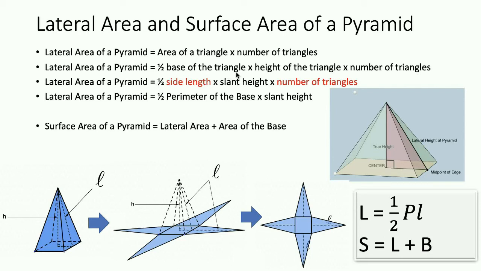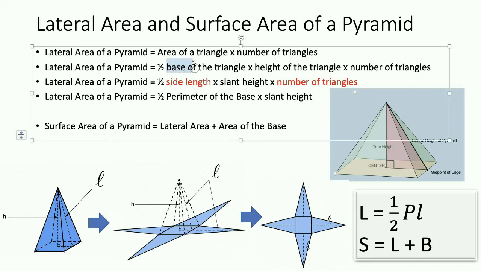Well, the base of a triangle is this red here. The base of the triangle, that's the red part, the side length. So that's the side length of a square, times the height of the triangle.